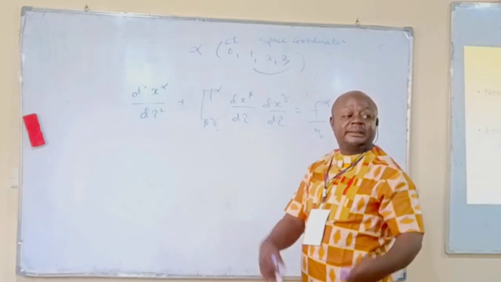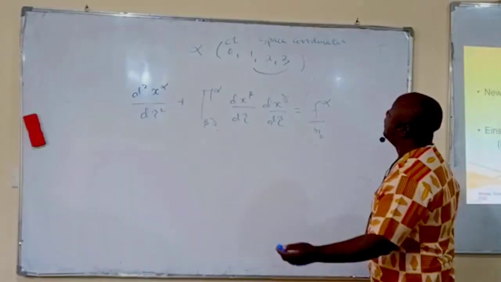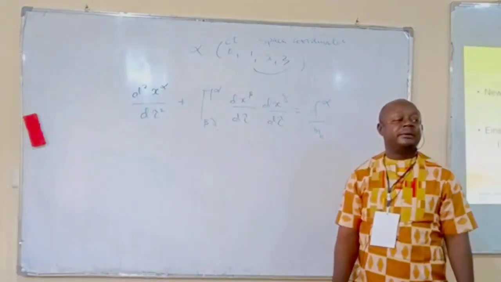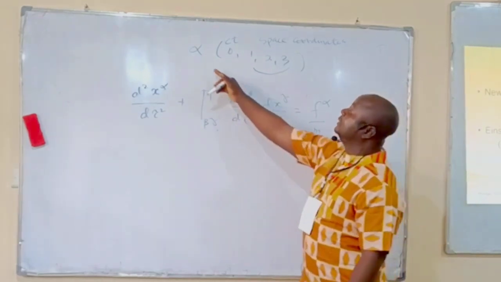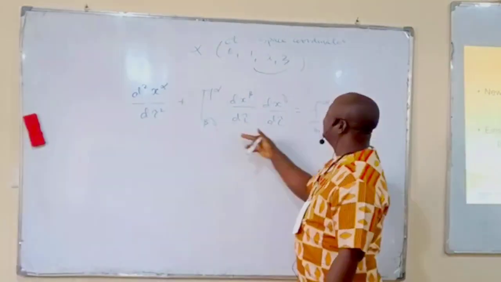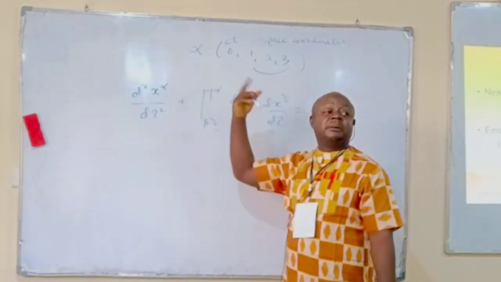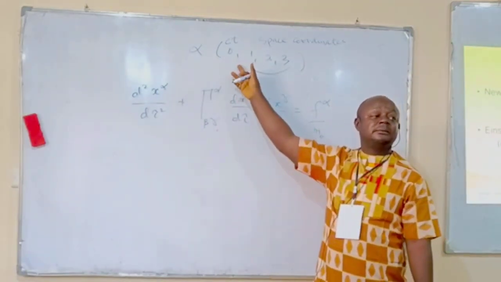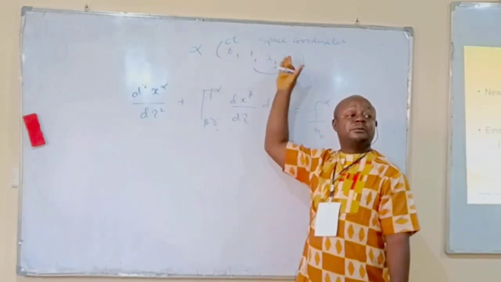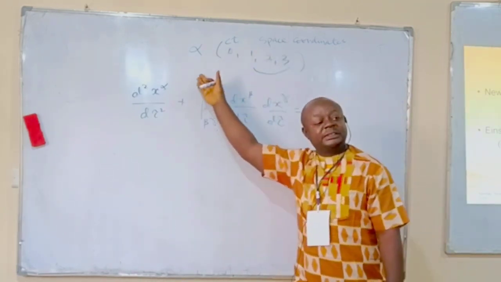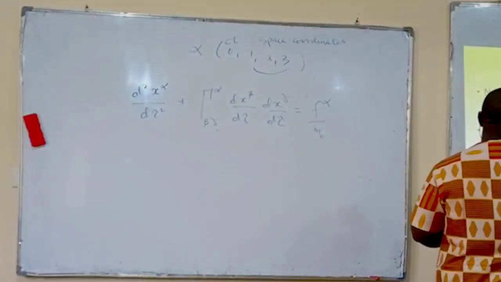You can take Cartesian, spherical, polar, and any other coordinate system you can think of. But when you read some textbooks, they start from 1. So don't get confused. At times you can have 1 to 4, at times you can have 0 to 3.